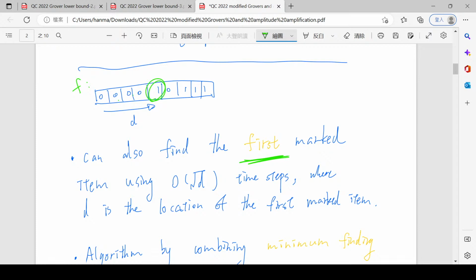Well, I guess not really, if you have a random distribution. But anyway, there is a modified version of Grover search, such that if you want to find the first marked item, and let's say the location of this marked item is D, then you only need order square root D steps.